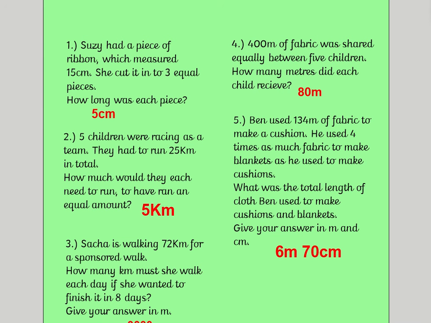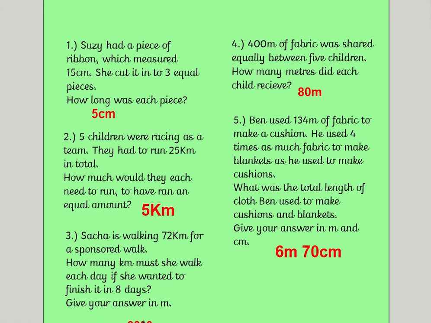So 72 divided by 8 is 9 kilometres a day. But the little twist there, the question says, give your answer in metres. So it's not quite on the screen, but if you are walking 9 kilometres a day, that works out at 9,000 metres. So well done if you got that one.